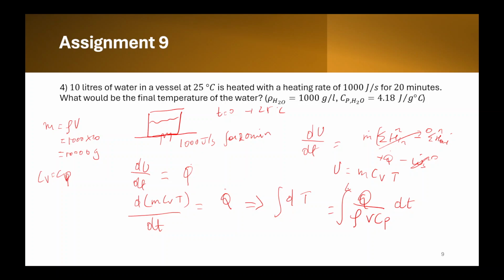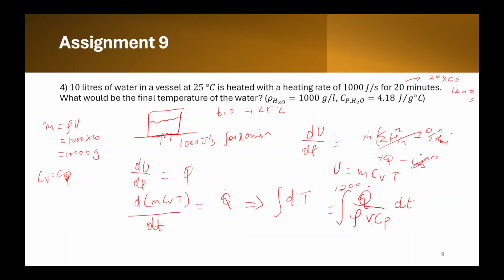We know the time. It is 20 minutes, and the heating rate given to us is in seconds. So 20 into 60 will be 1200 seconds.